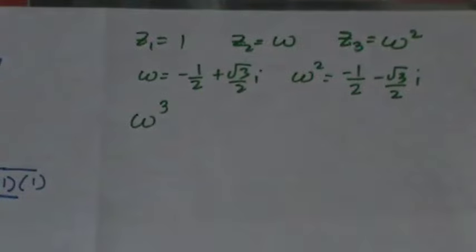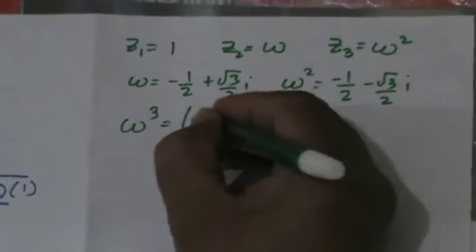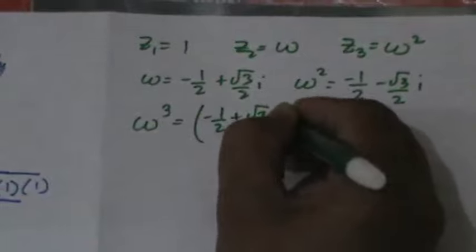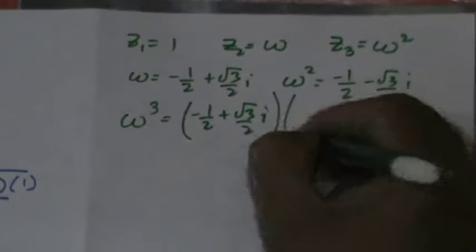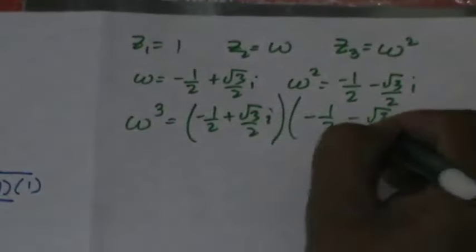I'm just trying to explore it. So omega cubed is this one, negative half plus square root of 3 over 2i, then times this one here, negative half minus the square root of 3 over 2i.